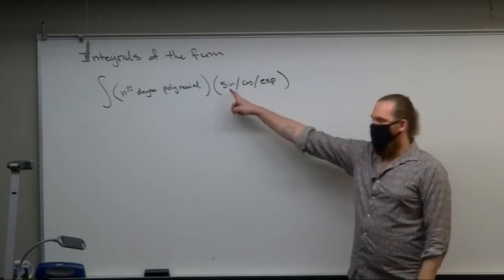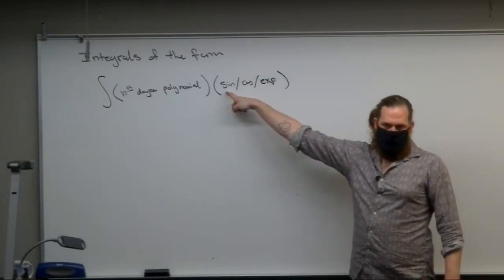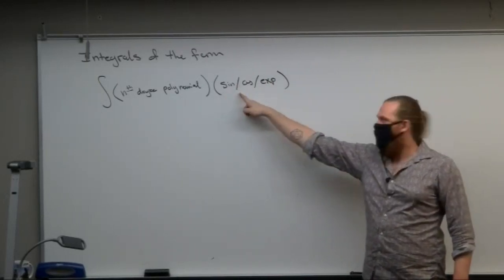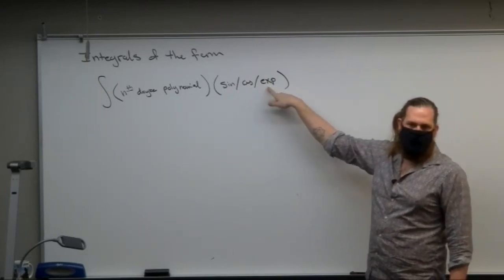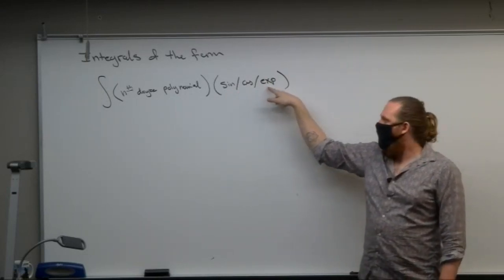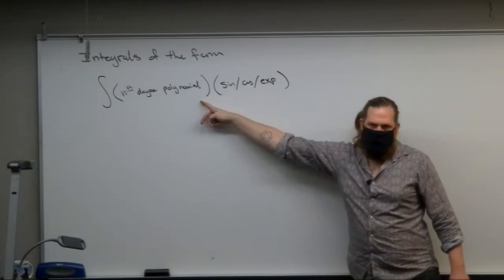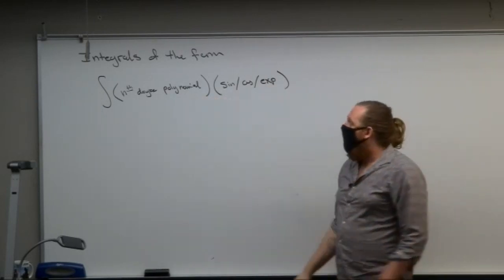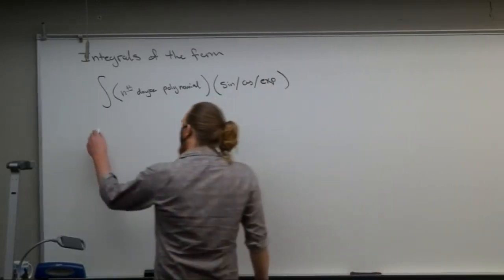It could be sine of 2x or sine of 3x or cos of 7x or cos of pi x or e to the negative x or e to the negative 12x times some polynomial of degree n, say. These can all be done with IBP.